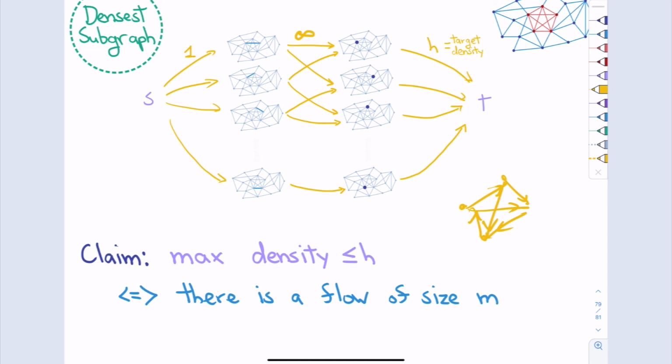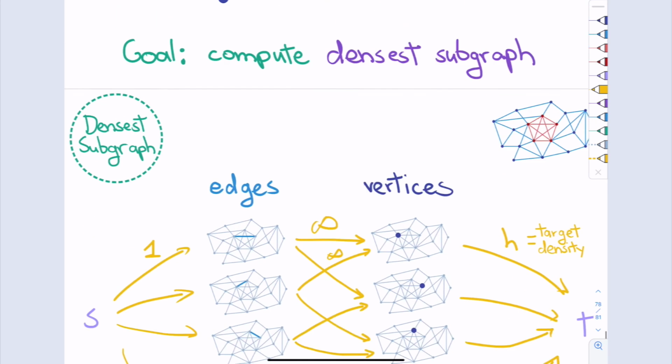So if I can orient the edges so everyone has in degree at most 2, then the density is at most 2 of that subgraph. But if there was a subgraph with density more than 2, then it would be impossible for me to orient the edges within the subgraph so that everyone had in degree 2.